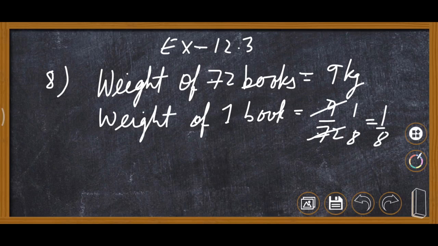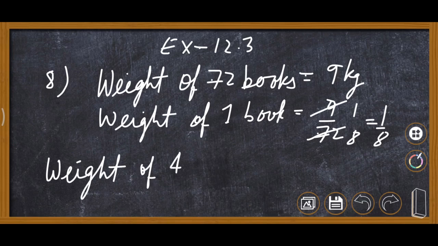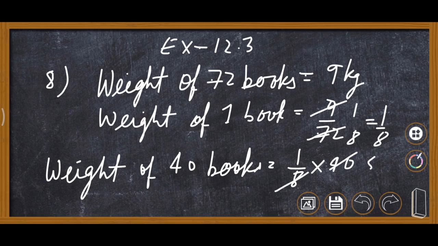Then we will find weight of 40 books. This is 1 upon 8 multiplied by 40. Now this is 5 kilogram. 5 kilogram is the answer.